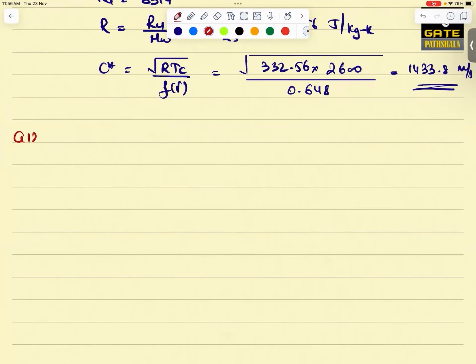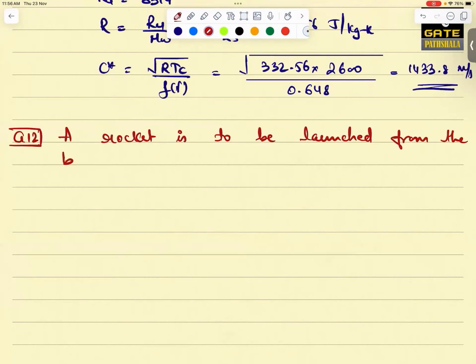Same year, GATE 2012. A rocket is to be launched from the bottom of a very deep crater on Mars. Crater basically means a deep hole.